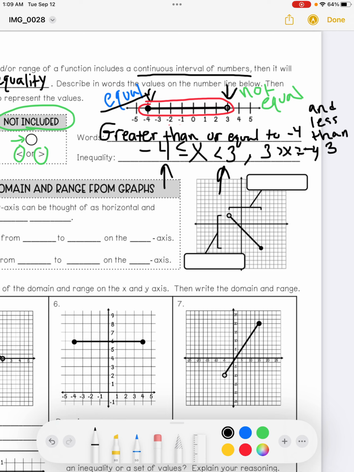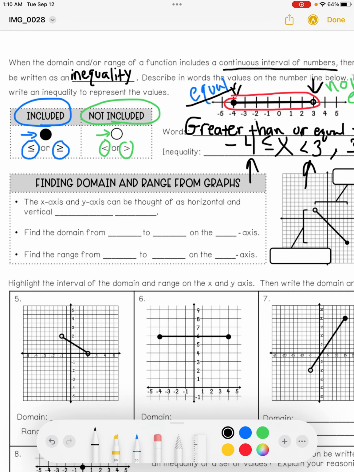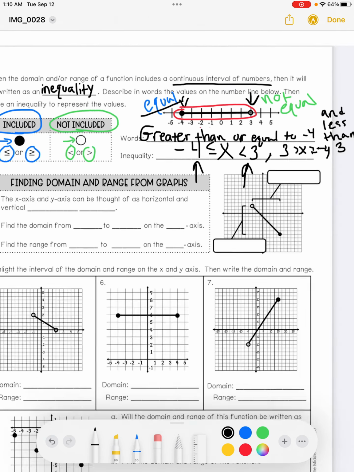But now we want to take them to a graph, not just a number line. Okay, so this is where we go from 8th grade and 7th grade math up to algebra. But we can use the idea of a number line to help us. And that's the good part. So let's see how that works. So now we want to find domain and range on a graph and also do that with lines rather than just points.